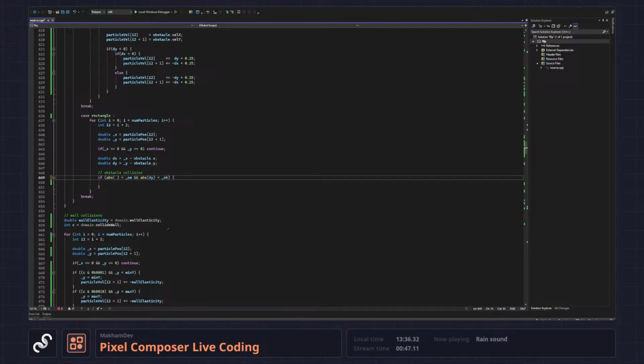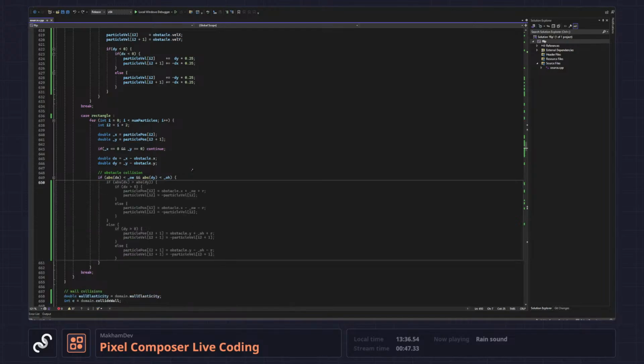point here. The dx, dy is compared to the center of the obstacle, right? So we have again dx, dy. To check for collision, we can do the same thing. This part is fine. Then we check if, okay. What are they trying to say here?